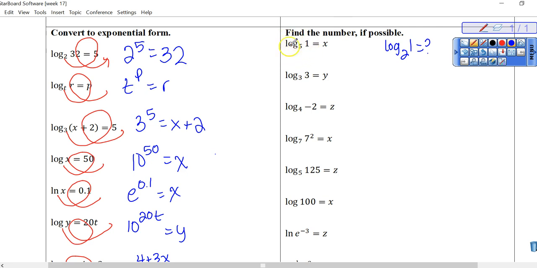Anytime I have to solve a logarithm expression, I will say it equals x, or equals question mark, or equals something, so that I can do the conversion to the exponential if I need to, and I can see the answer. So I added this equals x, equals y, equals z. You won't see it on your homework. I just want you to know that that was something extra that I did, because that's my strategy when I solve these.